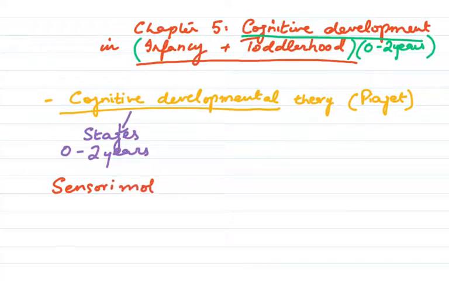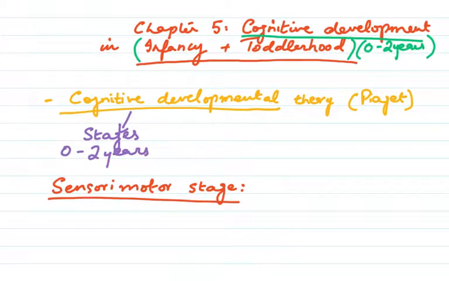Now, what exactly is the sensory motor stage? And what does Piaget mean when he terms it the sensory motor stage? What Piaget basically means is that children who are this young have not yet learned abstract thought, or they have not internalized a lot of the world around them.